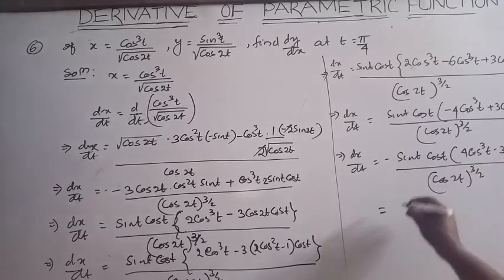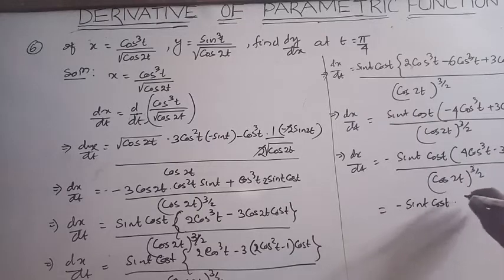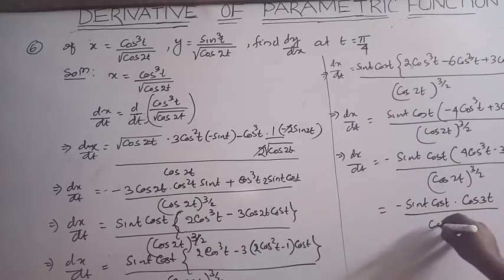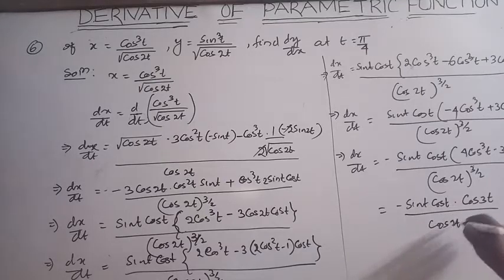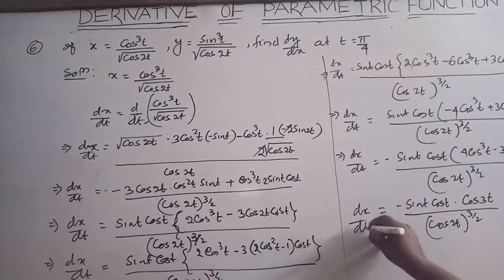So this is minus sin t cos t, this is cos 3t, divided by cos 2t power 3/2. This is dx/dt.